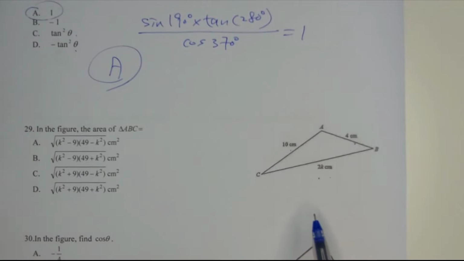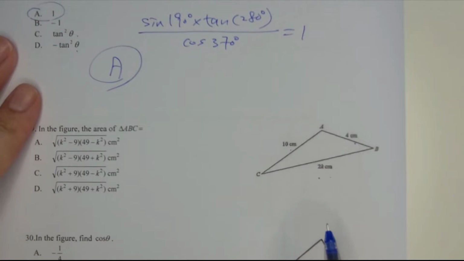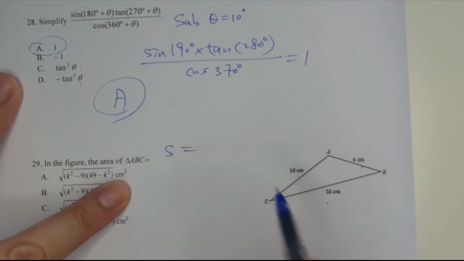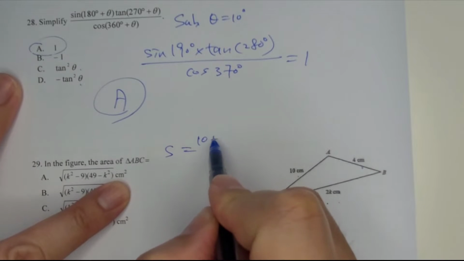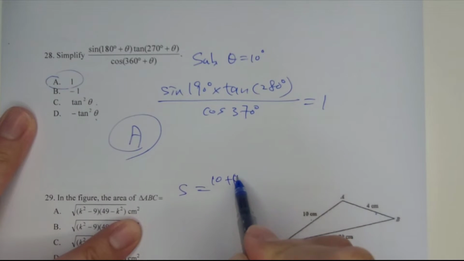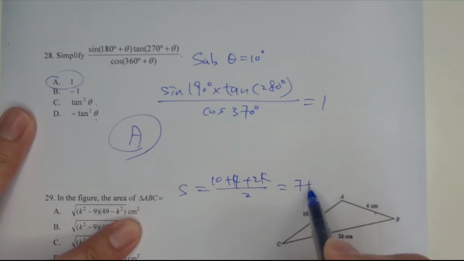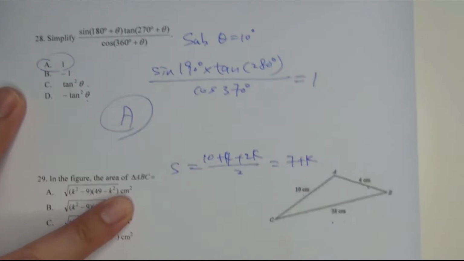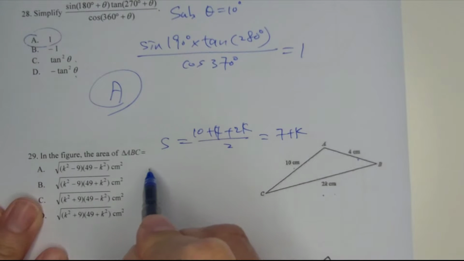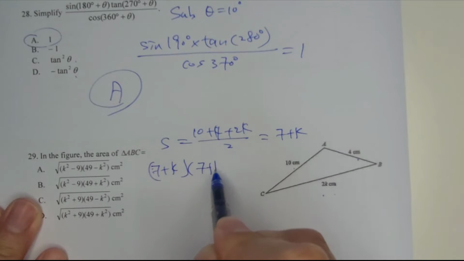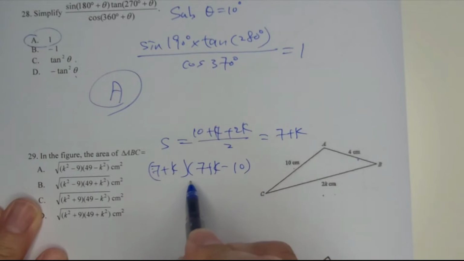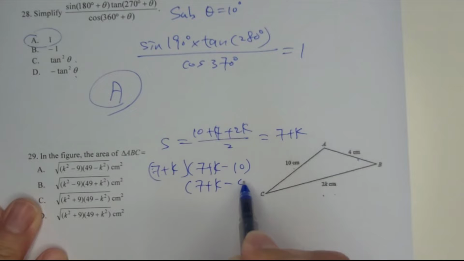Of course, that's the usual method to do this, and S is equal to 10 plus 4 plus 2k over 2, then you will get 7 plus k. So the area will be S times S minus 10 times S minus 4 times S minus 2k.